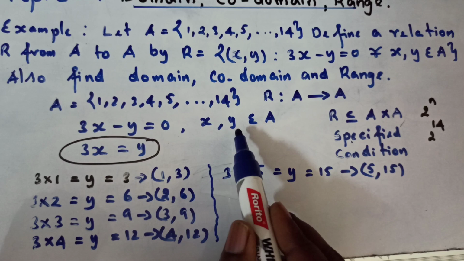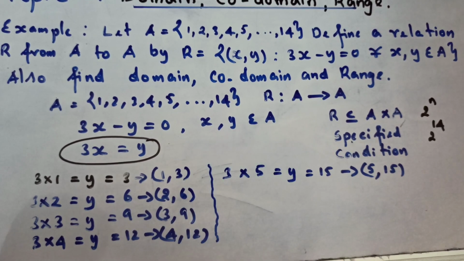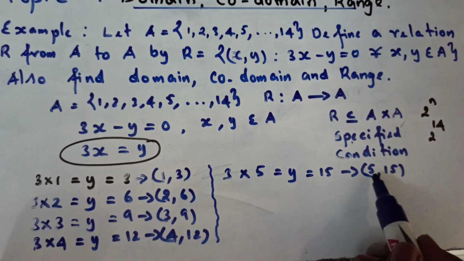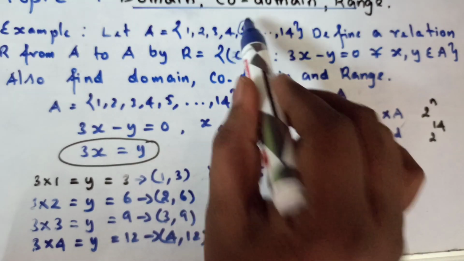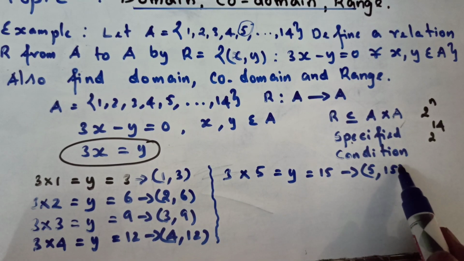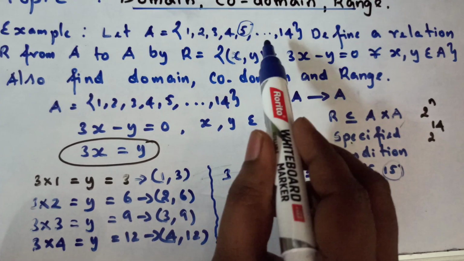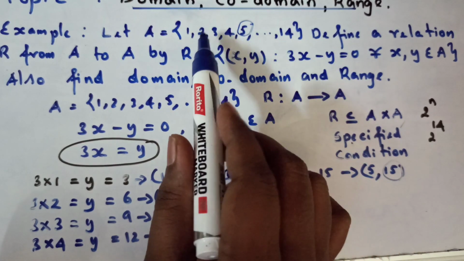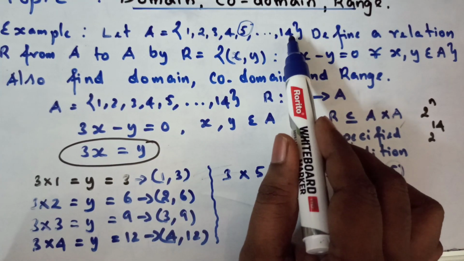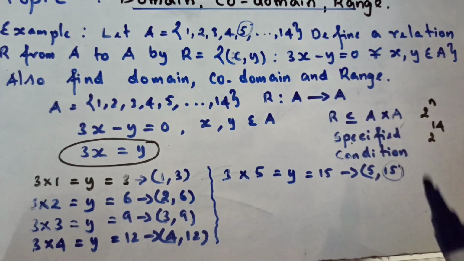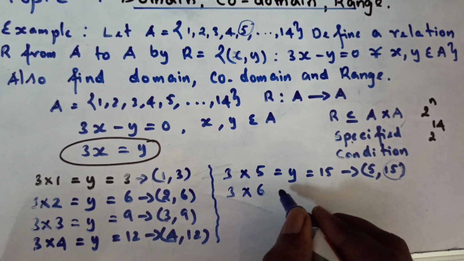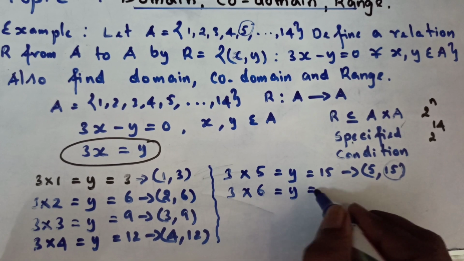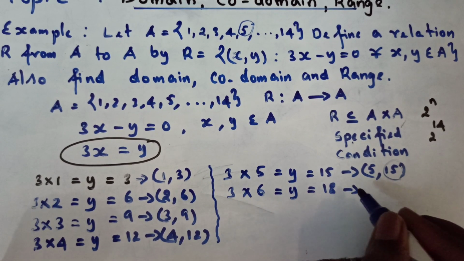As x and y both belong to A, the first element 5 falls under the set A, but the second element 15 does not fall under set A, because the maximum element in set A is 14, but we have 15. Even when I try the next number 6, 3 into 6 is 18.